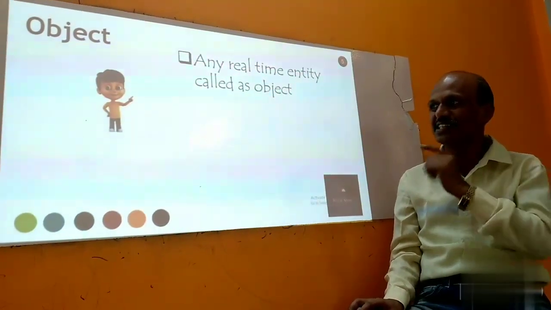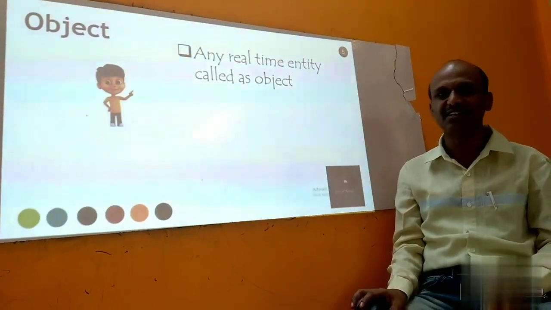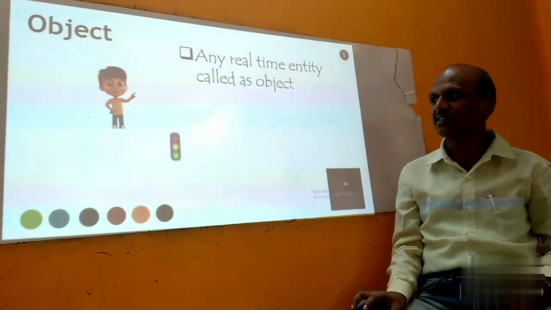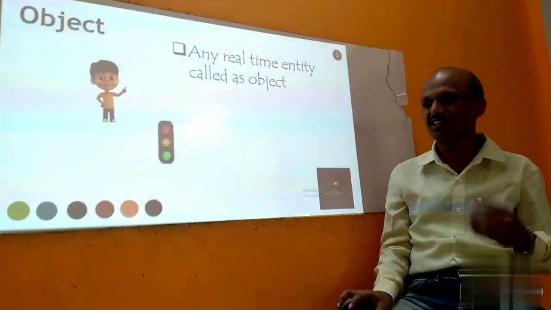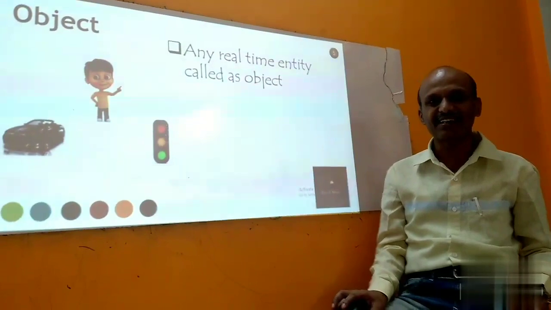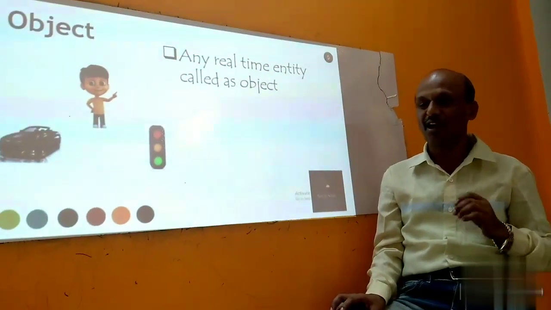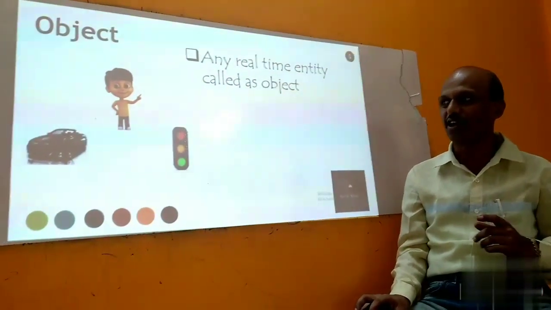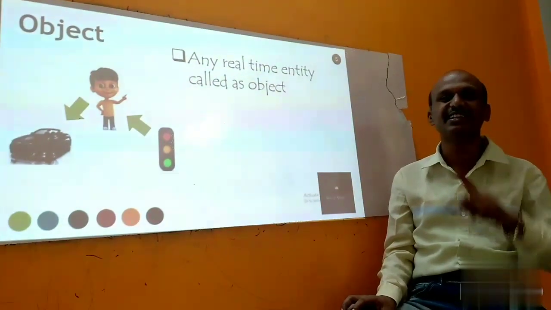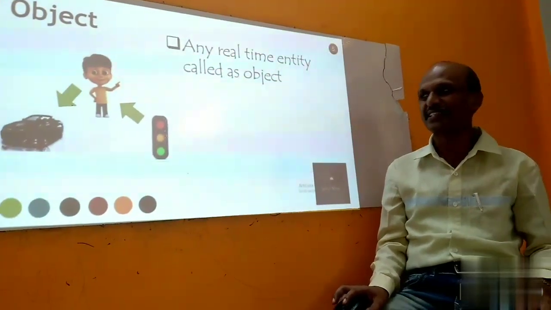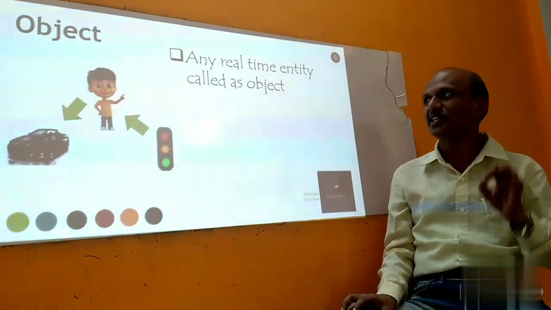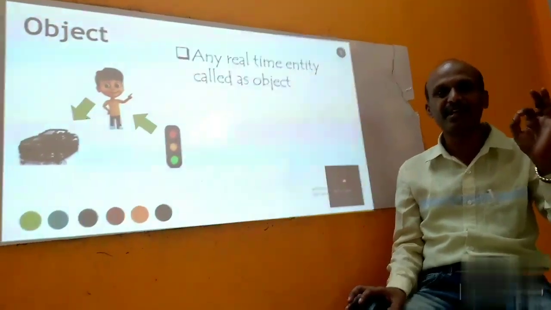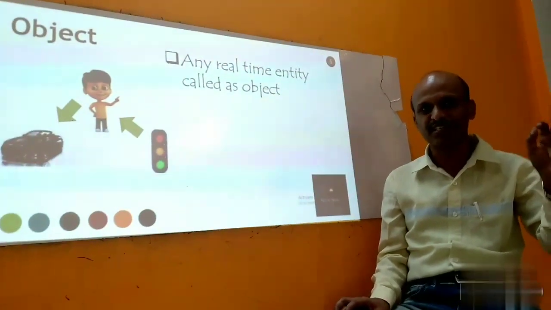For example, consider this one boy or a student, it is one object. A traffic signal is also an object, or a car is also an object. And in object-oriented programming, these objects interact with each other by sending messages. So any real-time entity is an object.